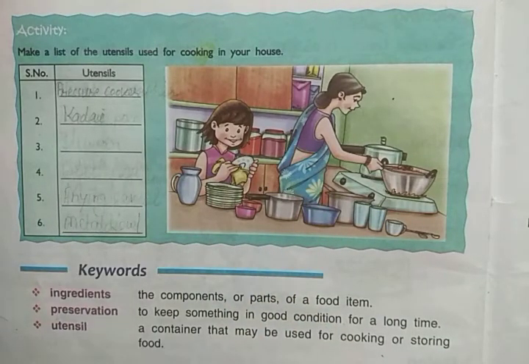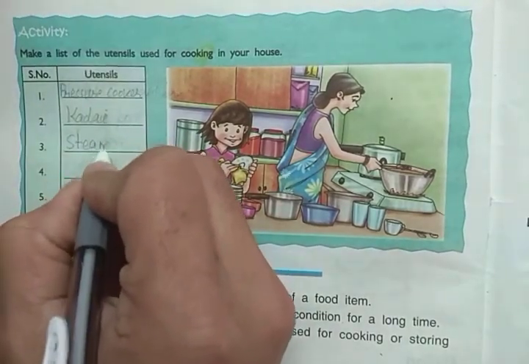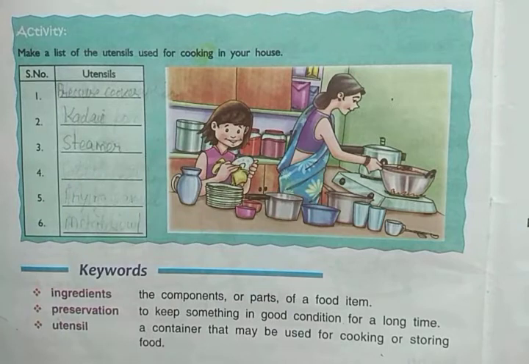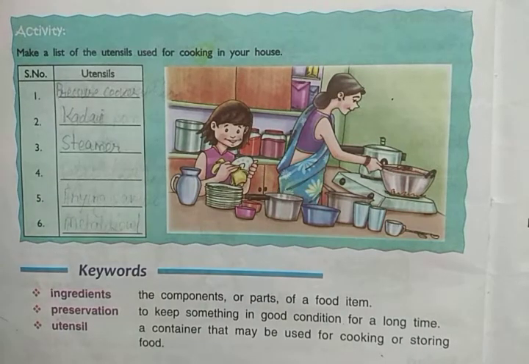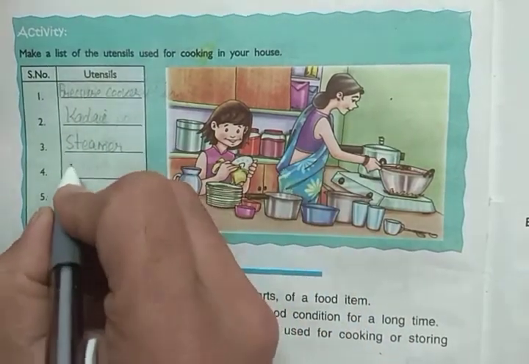Next, a steamer is there for steaming, and we also have frying pans.